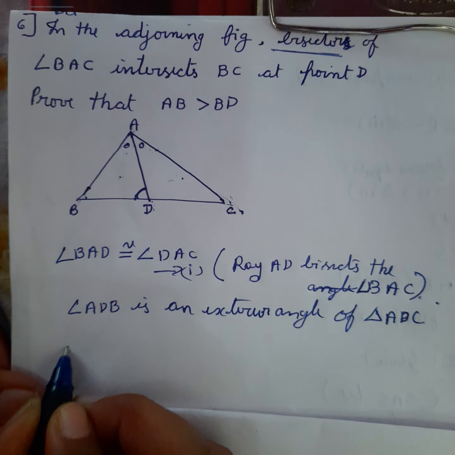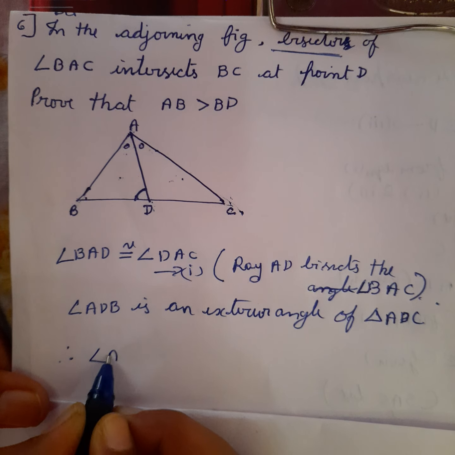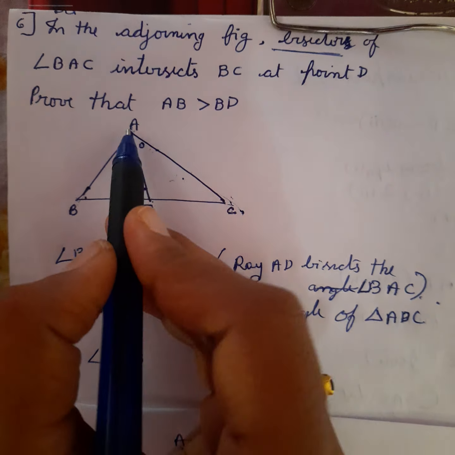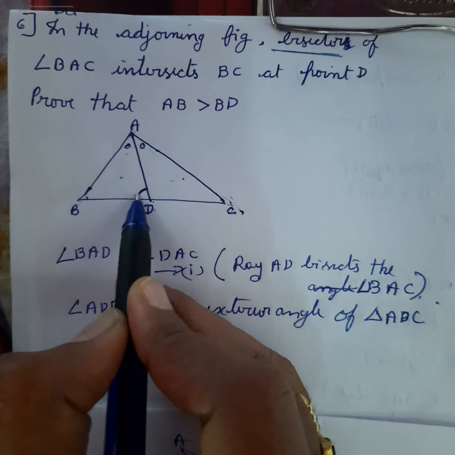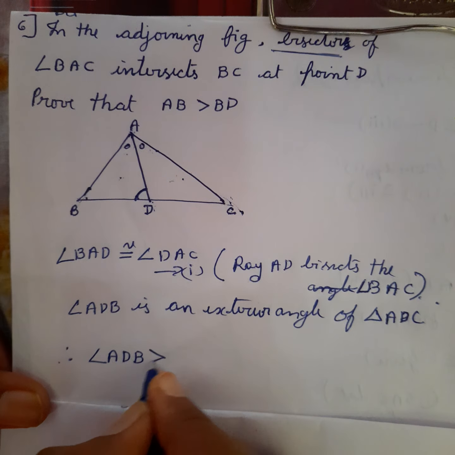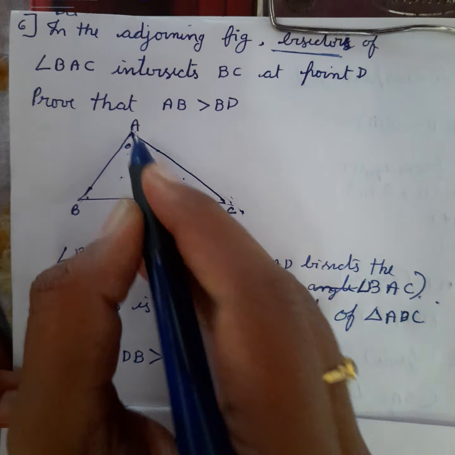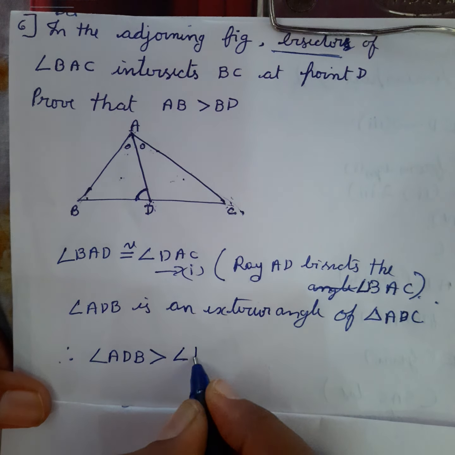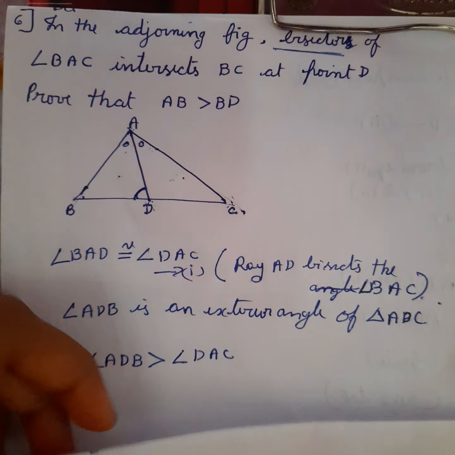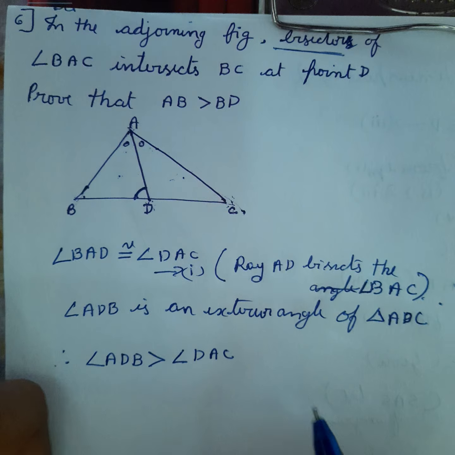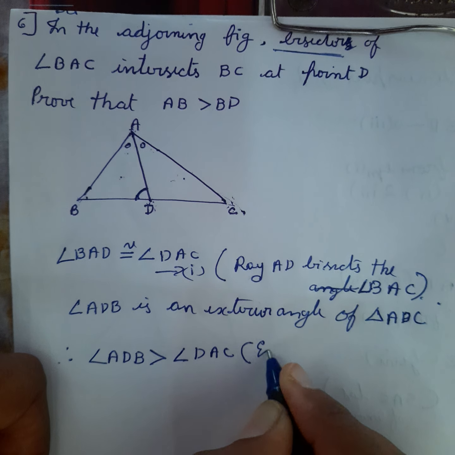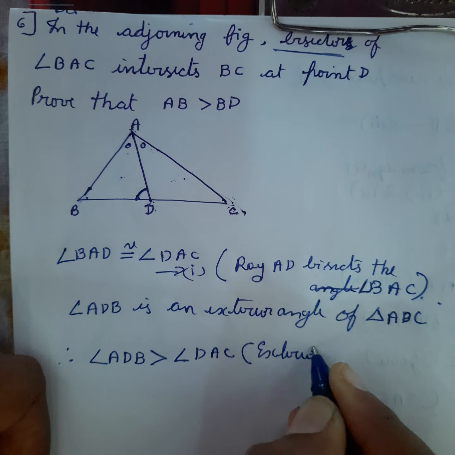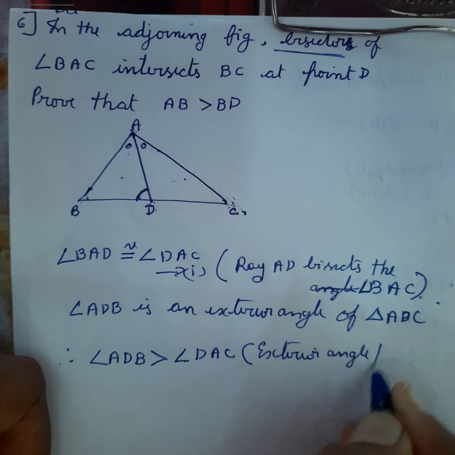Now, therefore, angle ADB, the exterior angle, is greater than angle DAC. Why is it so? This is the exterior angle property.